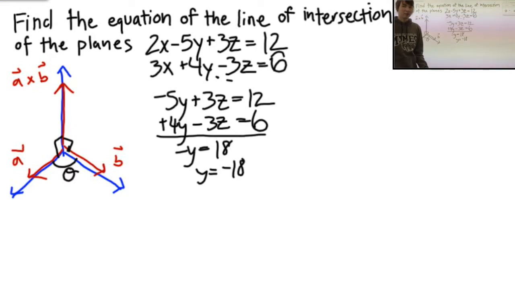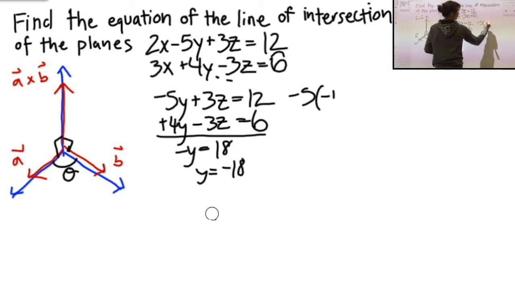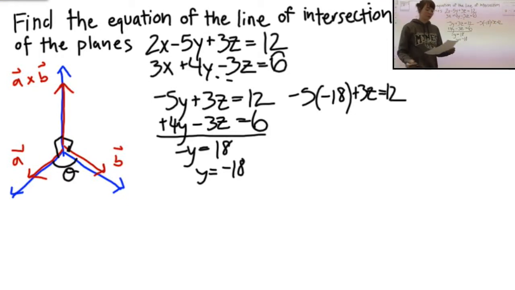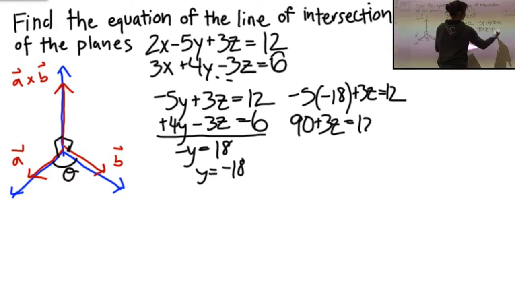Next, we plug this in to find z. So we have negative 5 times negative 18 plus 3z is equal to 12. So if we solve this, we get 90 plus 3z is equal to 12.